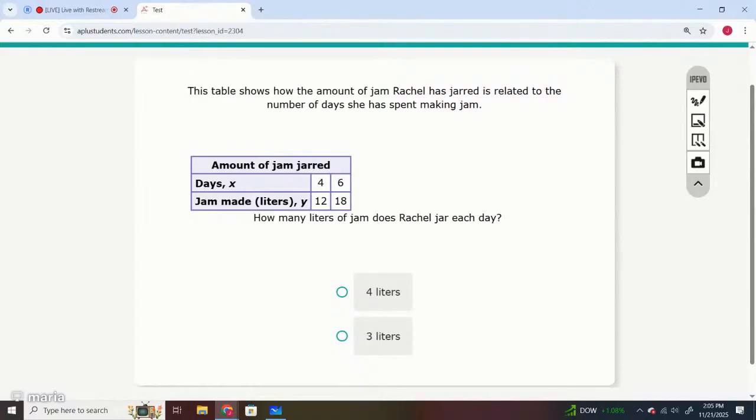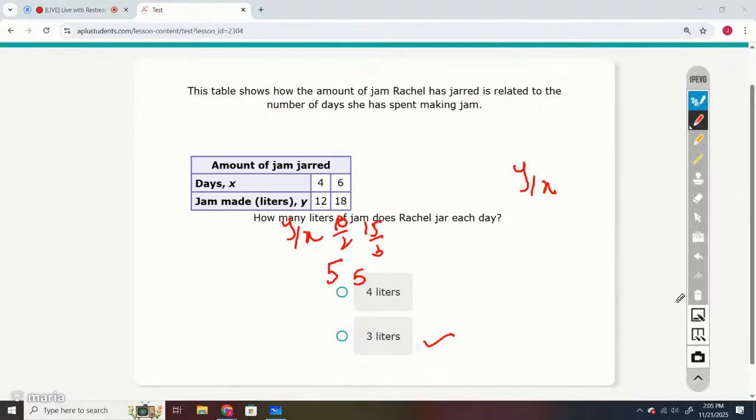Okay, the table shows how the amount of jam Rachel has jarred is related to the number of days she spent making jam, right? So how many liters of jam does Rachel jar each day? You have to calculate y by x, right? So that is 12 divided by 4.